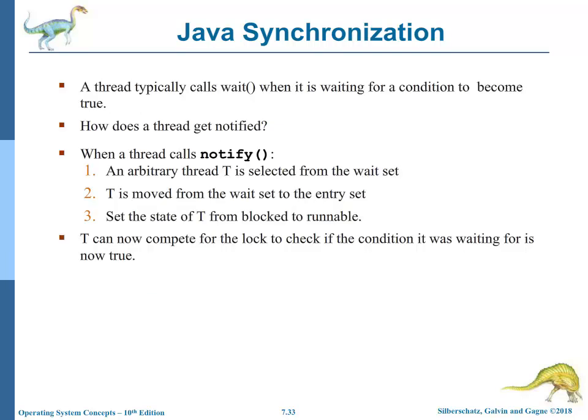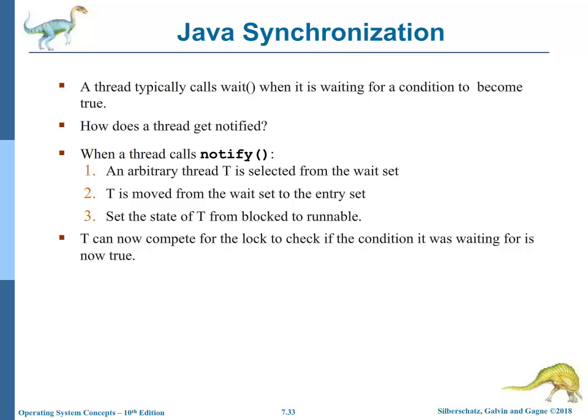How does the consumer thread signal that the producer may now proceed? The method notify can be called. The call to notify picks an arbitrary thread T from the list of threads in the wait set. T is moved from the wait set to the entry set, and we set the state of T from blocked to runnable.